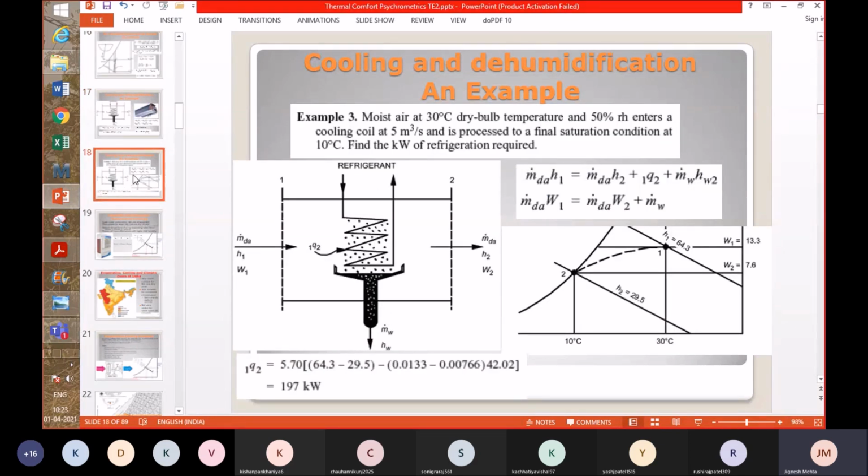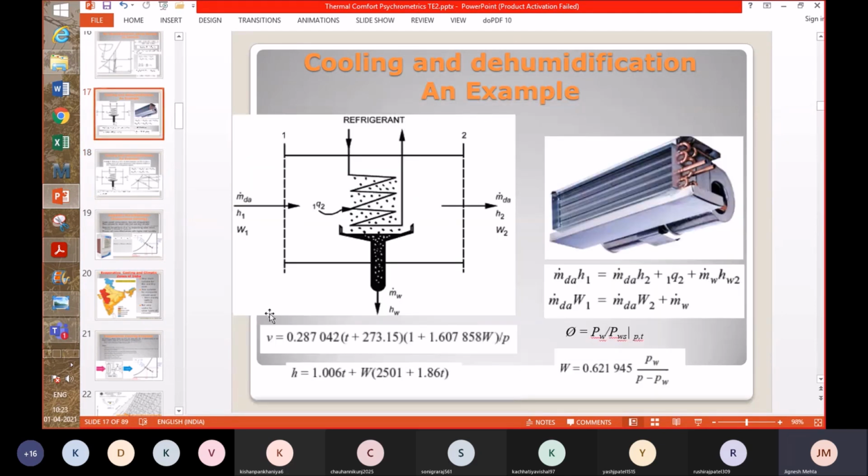And 2501 is the latent heat of vaporization at 0 degrees Celsius for water, and 1.86 is the average specific heat of water vapor, and T is again 30 degrees Celsius, the dry bulb temperature. So this is how you get the value of H1.